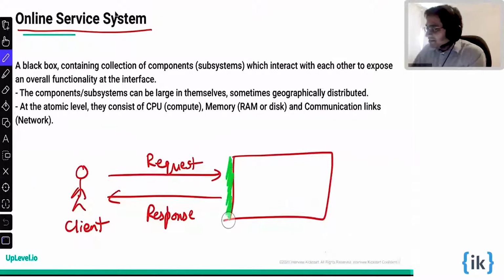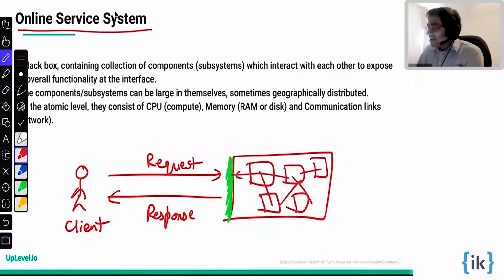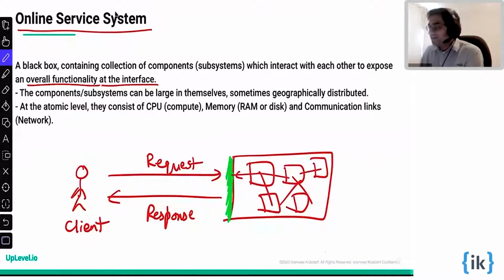They don't see the internal implementation of this system. And internally, you could have a bunch of components or subsystems which interact with each other to provide and expose an overall functionality at the interface, at this green interface, which is what the clients see.